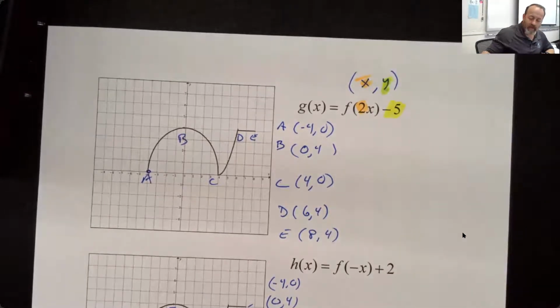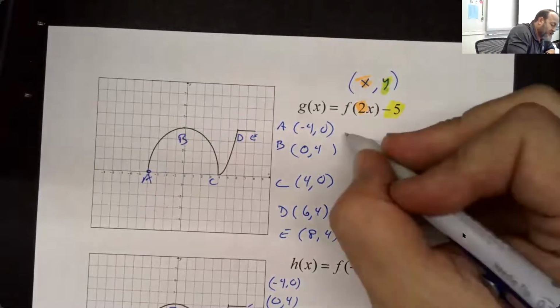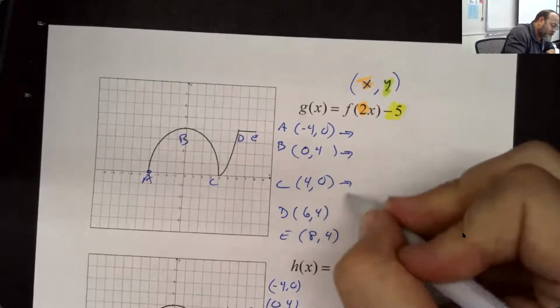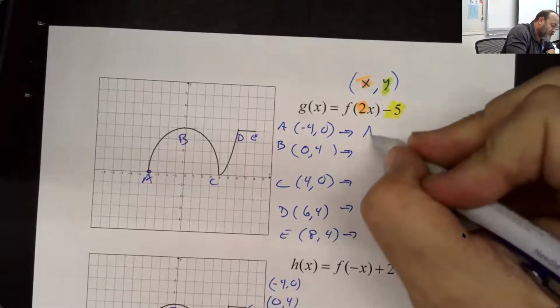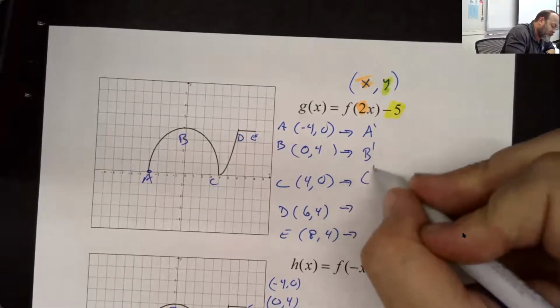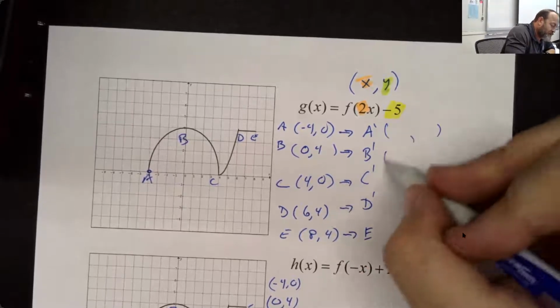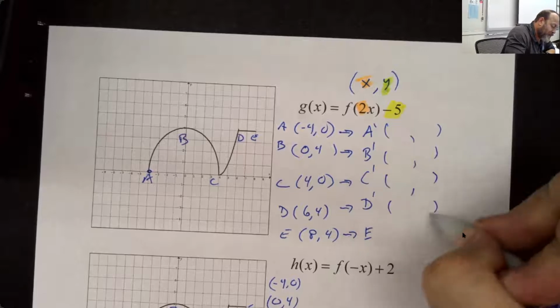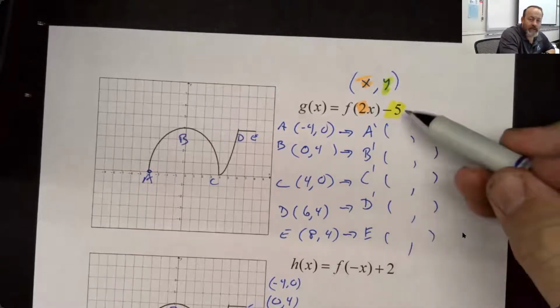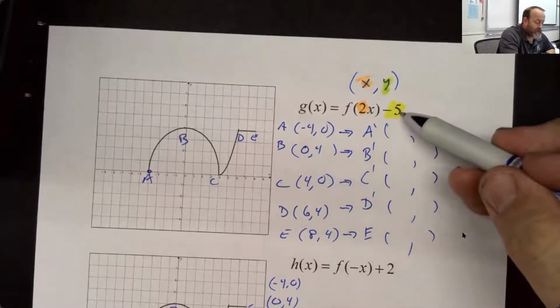And so I do a little bit of an assembly line approach to make life a little bit easier. And this is going to transform it to a new A, new B, C, D, and E. And quite simply, everything that affects y is on the outside, and it's going to do exactly what it says.